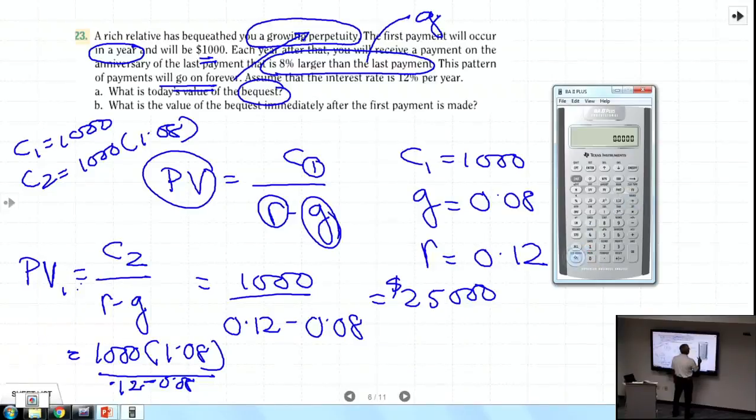Clear everything, 1,000 multiplied by 1.08 divided by 0.04. That will be 27,000. So the present value, the value of the bequest, if I delay starting this a year from now, that will become 27,000. So that completes some of the problem sets for chapter 4.